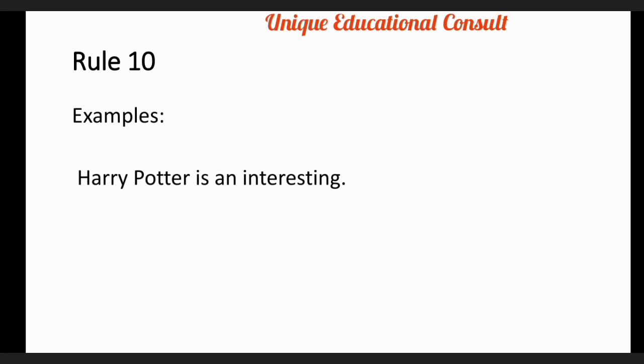Let's look at an example of this. Harry Potter is an interesting novel. You can say because you have Harry and you have Potter, two different words, it should attract a plural verb. No, that is how the rule states it. When you have titles of just a single entity, they use a singular verb.